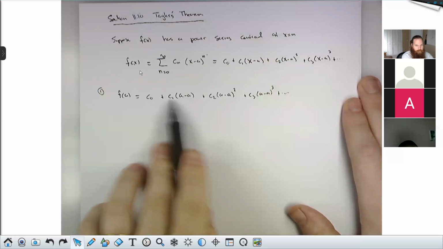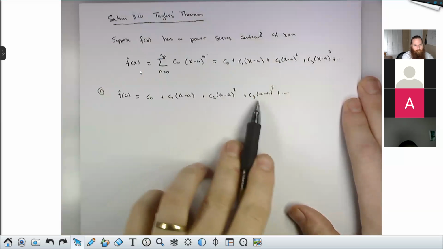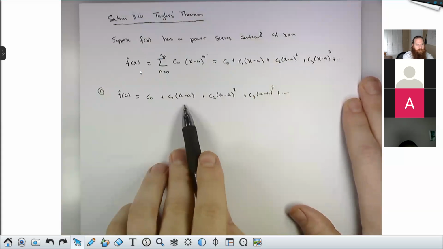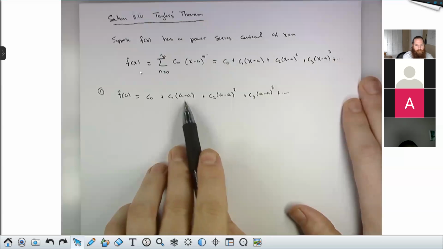What do you notice about these terms? What can you tell me about these terms? They're all 0, right? a minus a is 0.